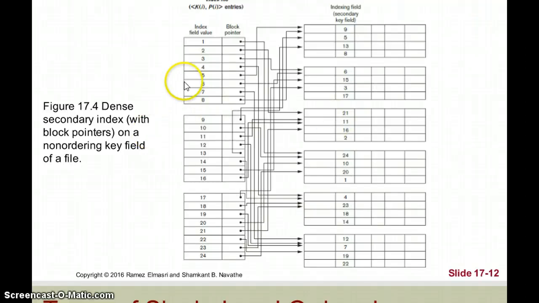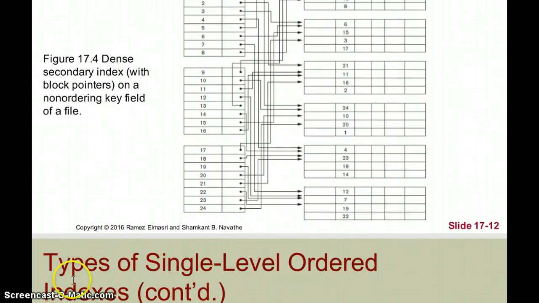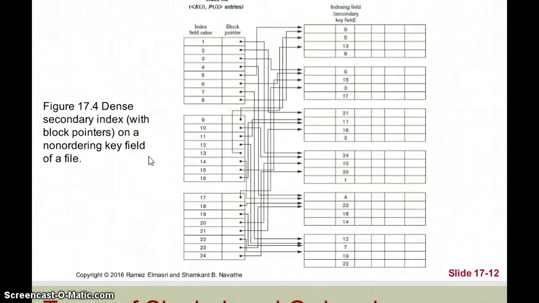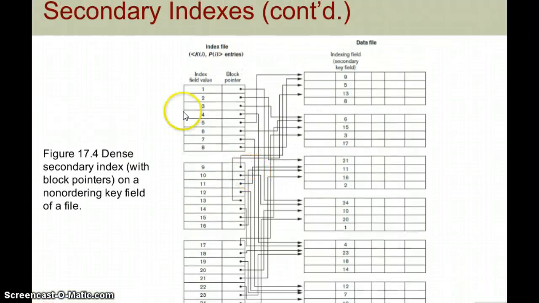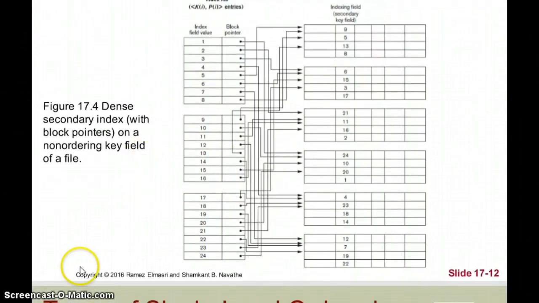The first field is of the same data type as some non-ordering field of the data file, that is an index field. The second field is either a block pointer or a record pointer. Okay, so I think we have had a lot of discussion on secondary indexes.